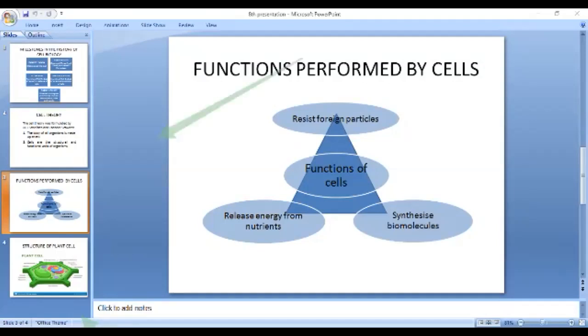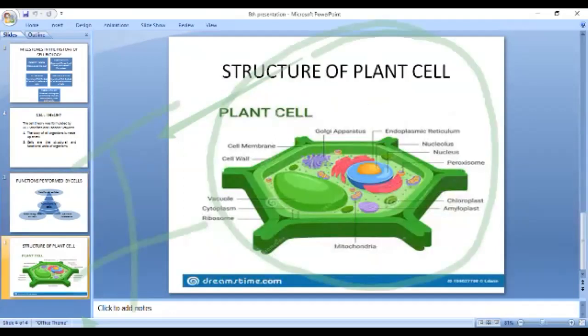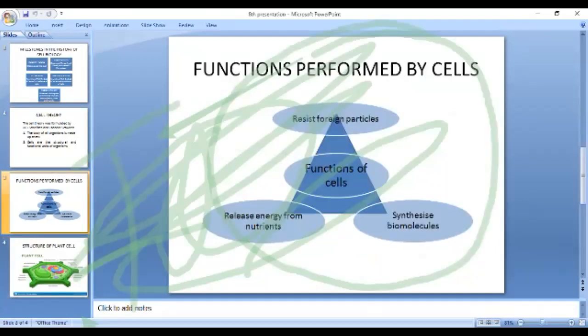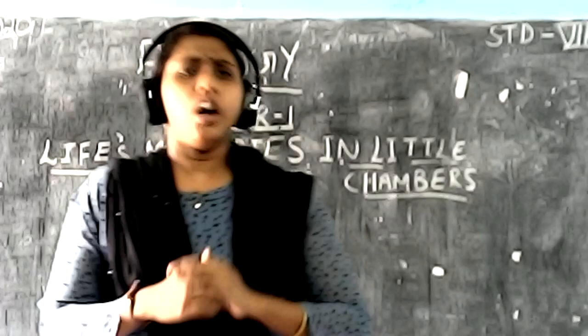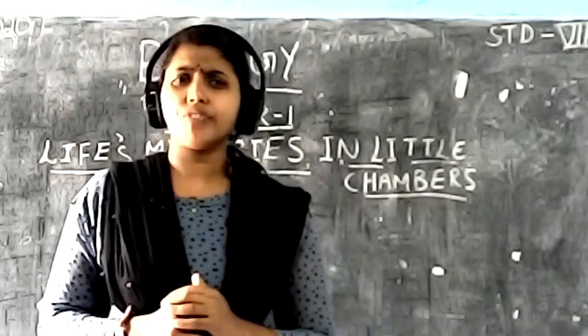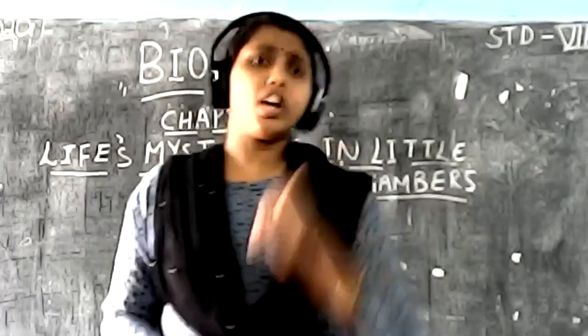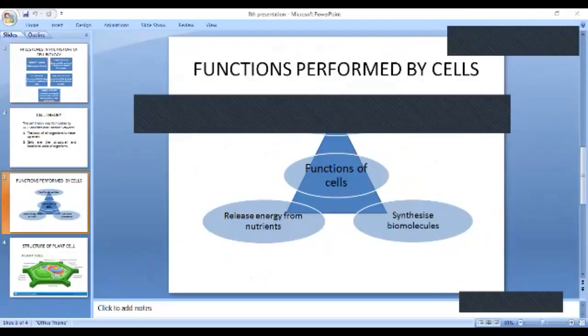Then the next function of the cell is synthesis of biomolecules. What do you mean by synthesis of biomolecules? Have you heard about hormones? You may not be familiar with hormones, so let me tell you with carbohydrates, fats and proteins, the nutrients we hear about in our daily life.